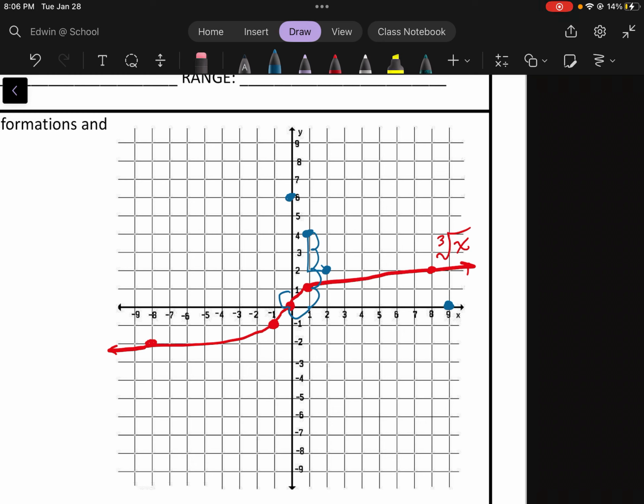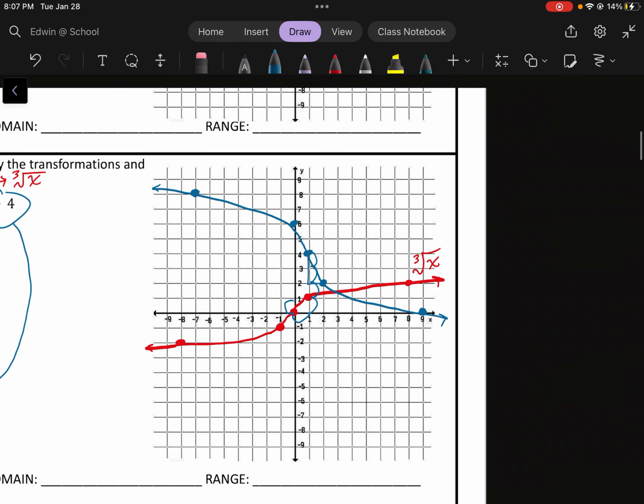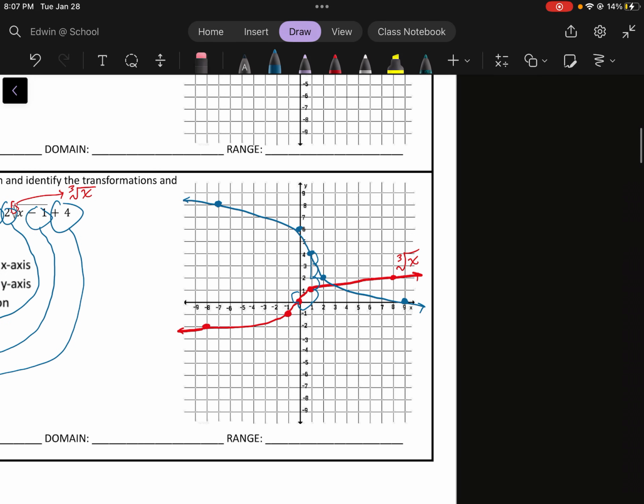Then up 2 and then 8 to the left. Or actually 7. After we do all those points, we could connect them like this. And then that is our transformed function.